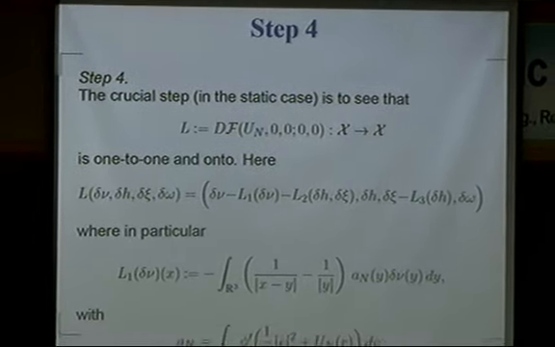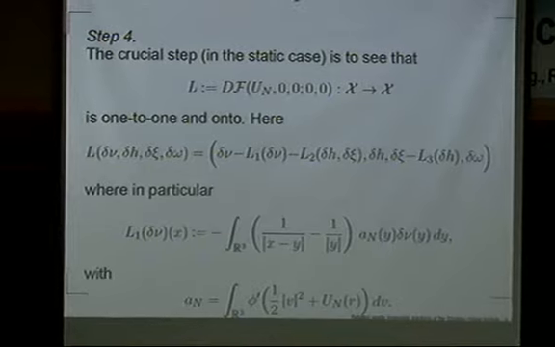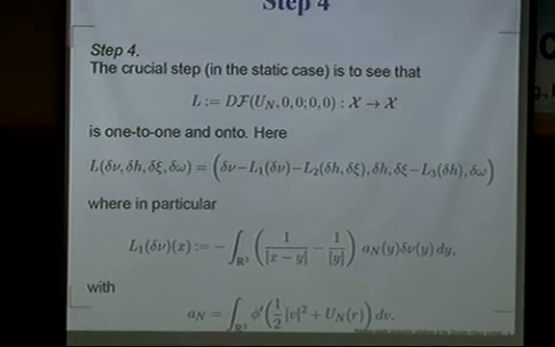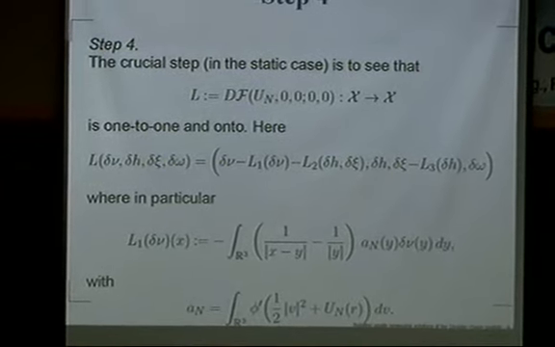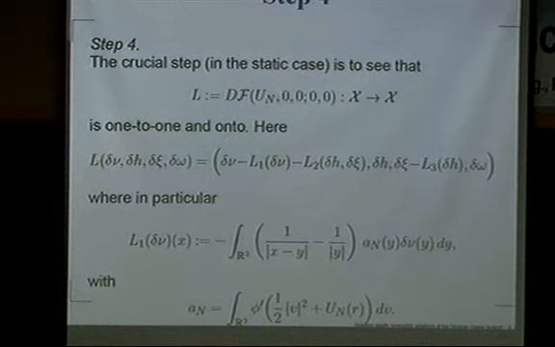Step 4 you expect to be problematic. Here is when you want to show that this derivative of f is 1 to 1 onto, and this linear map takes this form. I have only here written out what L1 looks like. It's the most essential part, and here is exactly where this AN comes in, which was part of this condition 5.3 with the ansatz function phi here.